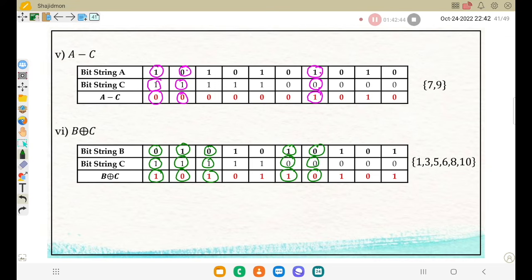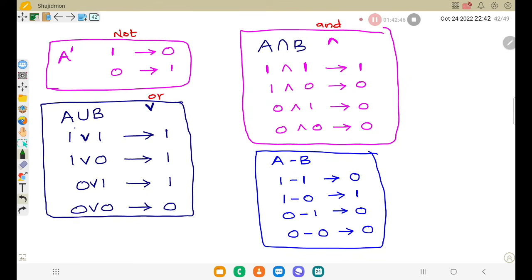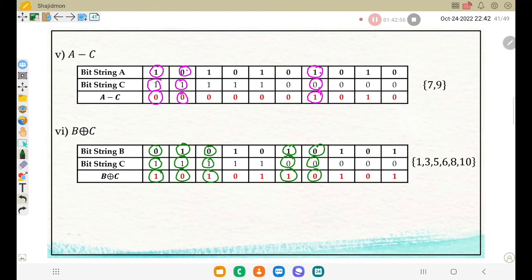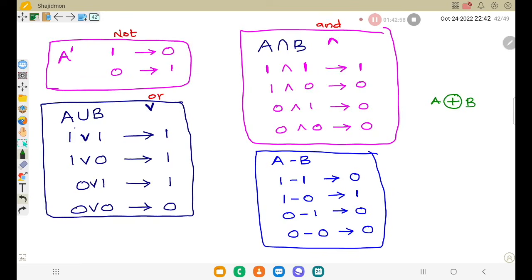So we can write that one. For example, symmetric difference A and B. Okay. So the same idea we can discuss. 1 and 1, 0. 1 symmetric difference 1 means 0. 0 symmetric difference 0 means 0.